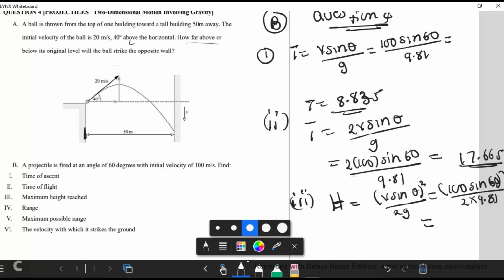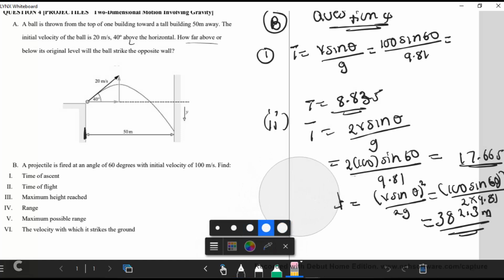So your maximum displacement will be 382.3 meters high. Is it okay? So that's how you find that one.